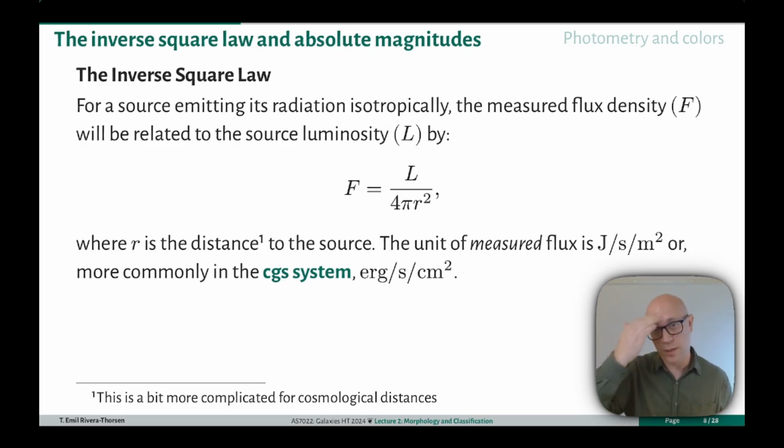And that is exactly this dependence of the flux density on luminosity, and on the distance squared. This means, if we think about it, that if you double the distance, you get a quarter of the flux density. If you triple the distance, you get 1/9 of the flux density, and so on.